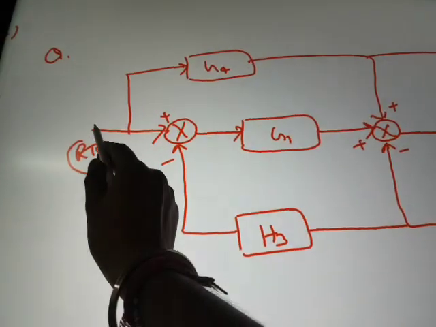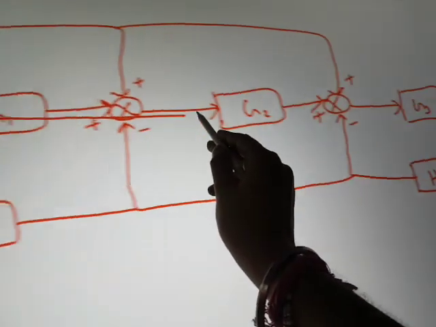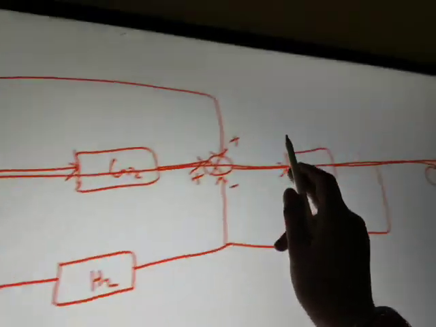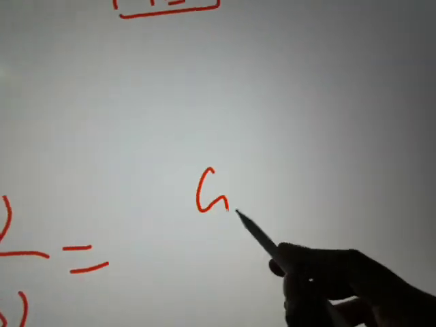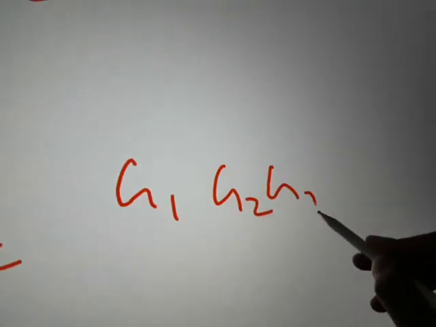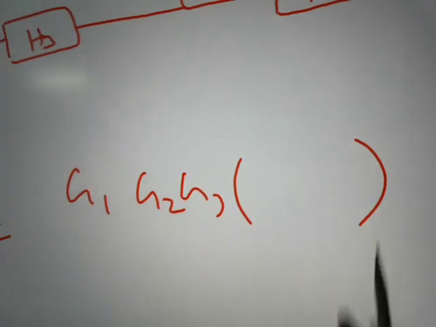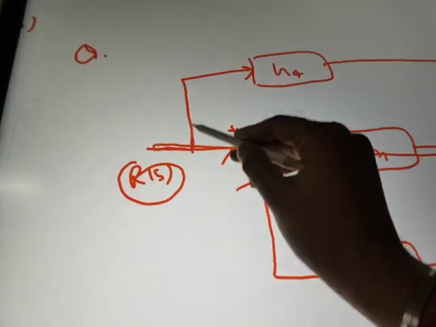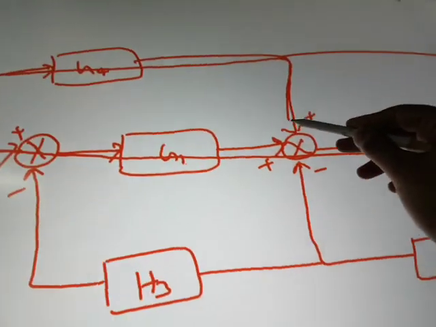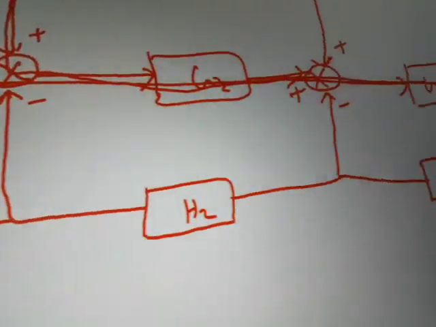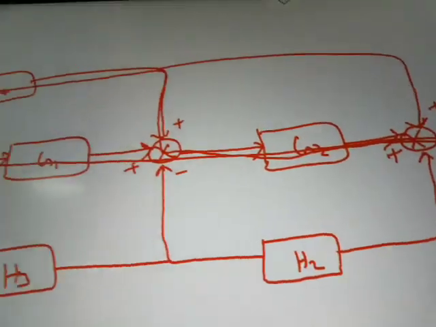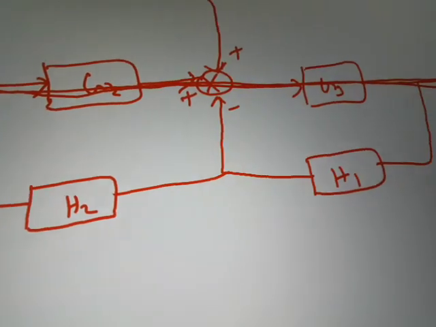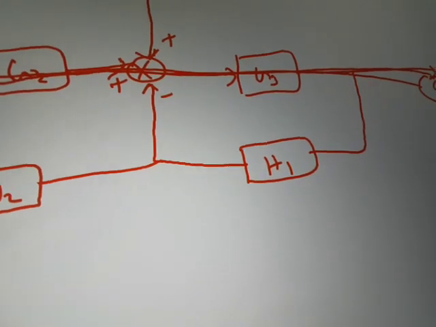One path will be this, G1 G2 G3. We write G1 G2 G3 here; we don't know del k yet, so leave it blank for now. Now another path will be this: G4, come back here, G2 G3. So we have another path G4 G2 G3, and we have to find del k.